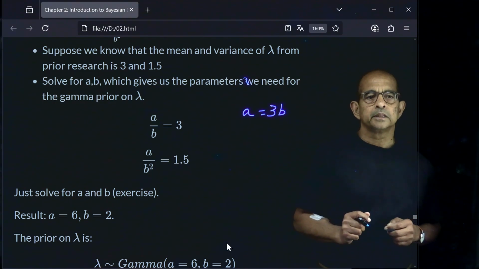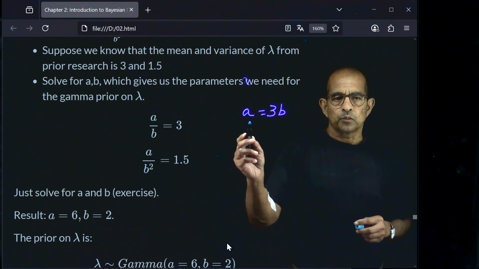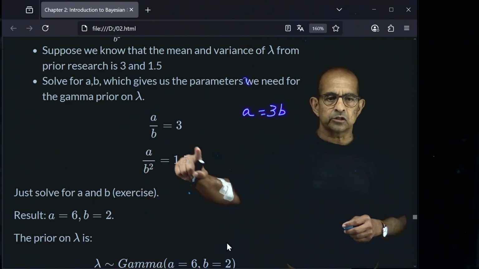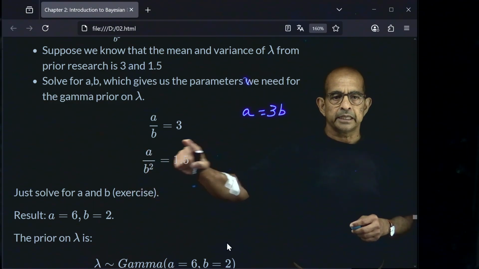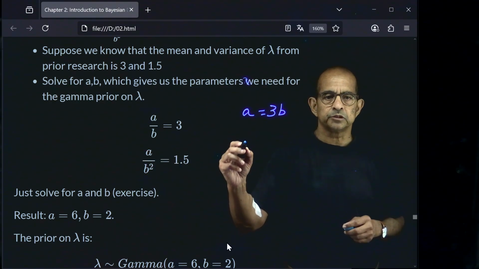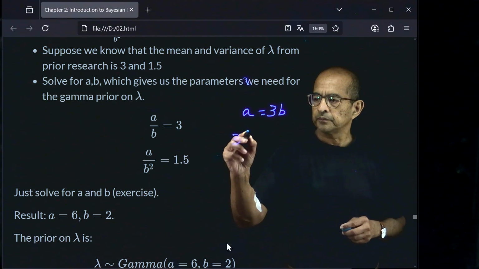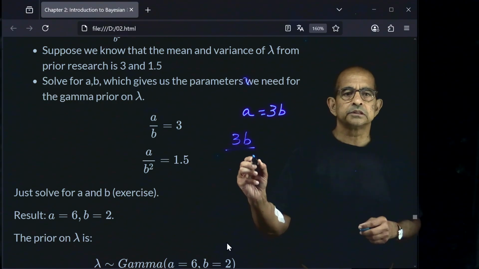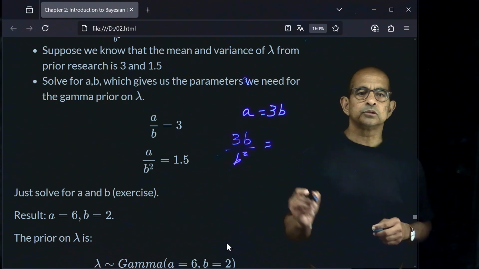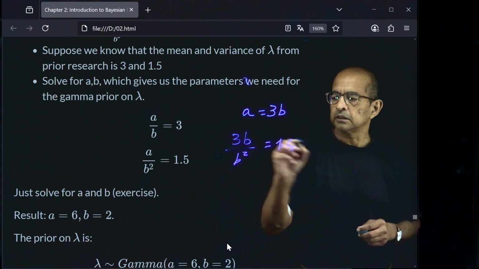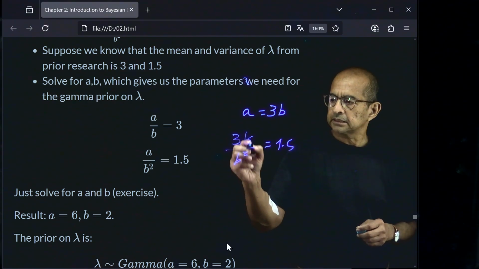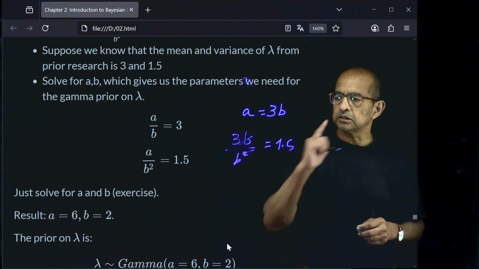Once I know what a is in terms of b, in the second equation I could replace a with 3b. So I have 3b divided by b squared is equal to 1.5. Because I have b here and b squared here, this cancels out, so I get 3 over b is equal to 1.5.